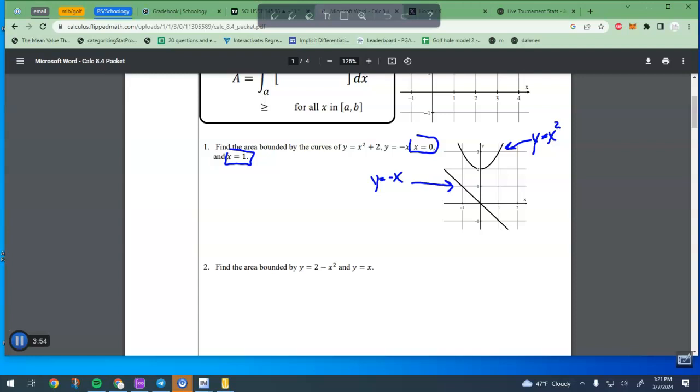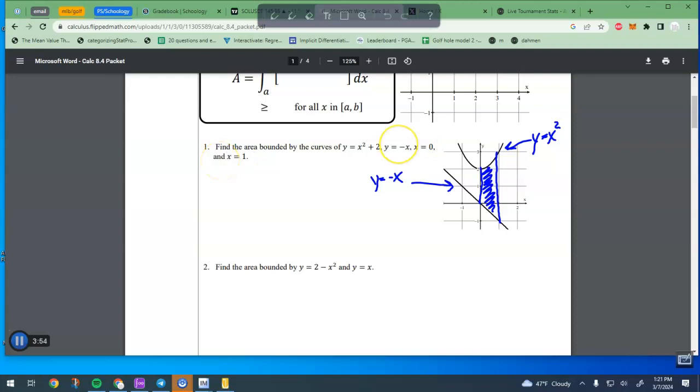What kind of lines? Vertical. Yeah. So x equals 0 is here, and x equals 1 is here. So this is the region that we're trying to find the area of. It's the area that is enclosed by all of the equations.